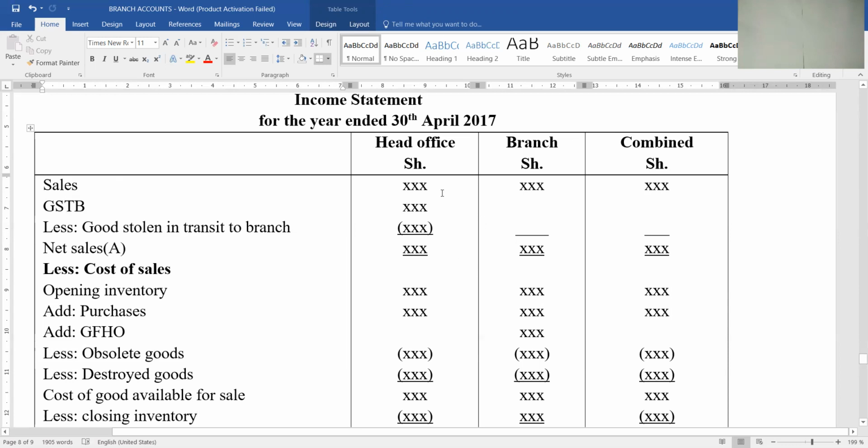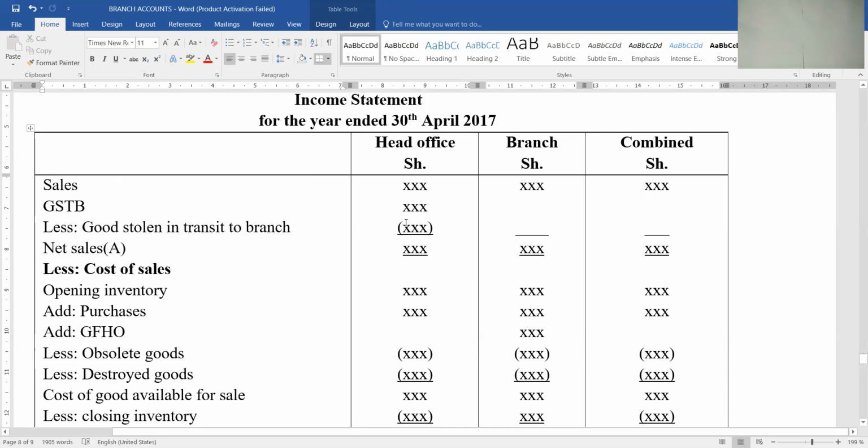So the two are supposed to be equal. If they are not equal, maybe you will find that there was an element of goods in transit which have not been received by the branch.